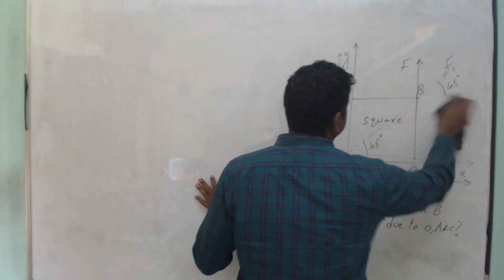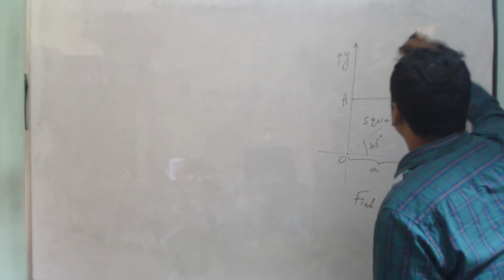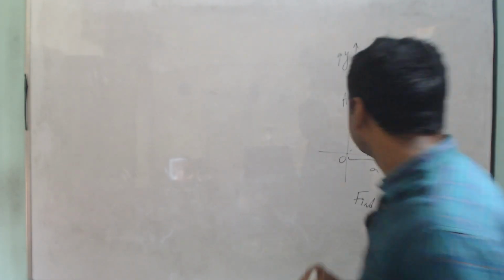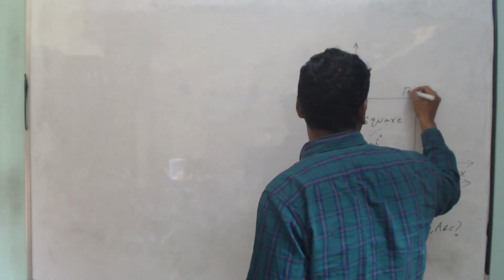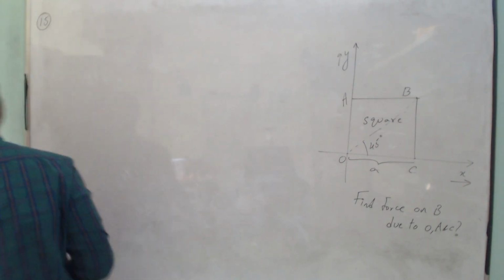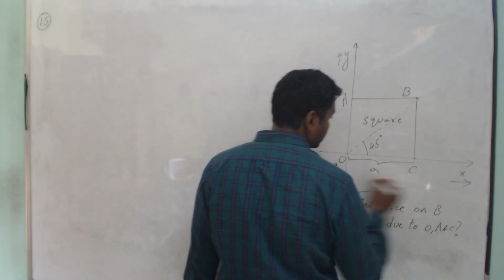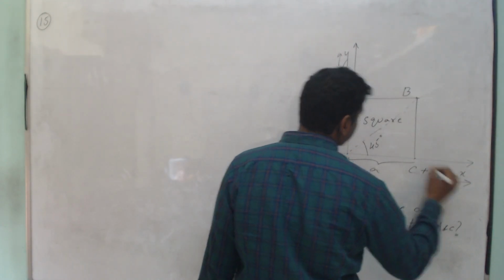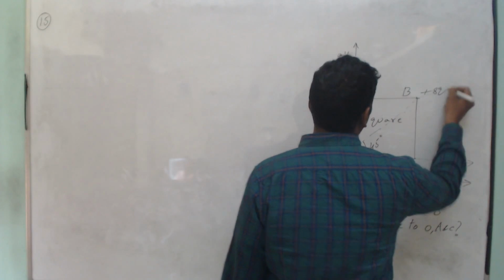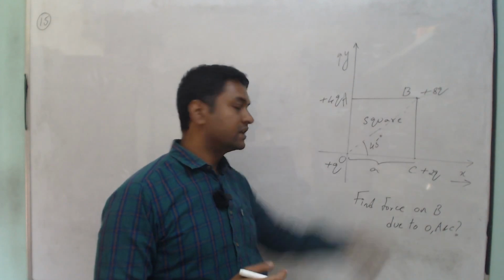So this is question number 15. We have charges plus Q, plus 2Q, plus 4Q and plus 8Q. Question is the same. Find force on B due to O, C and A.